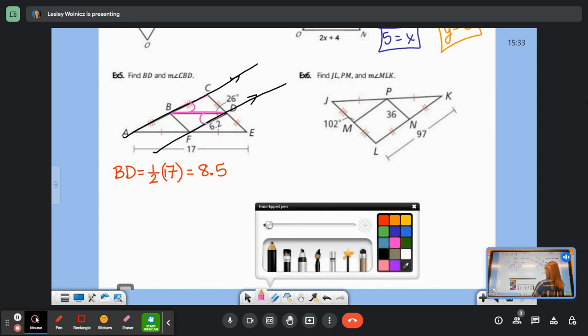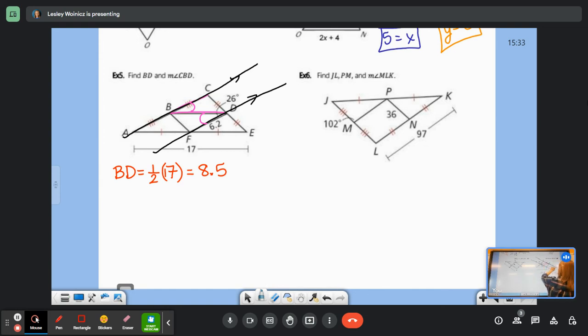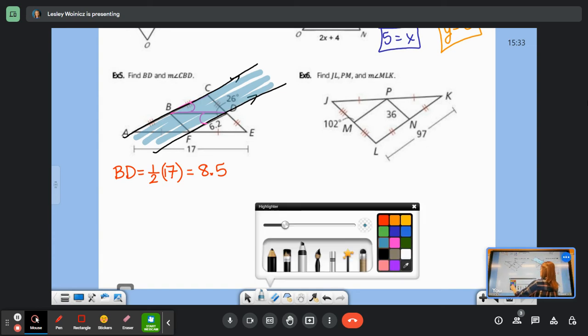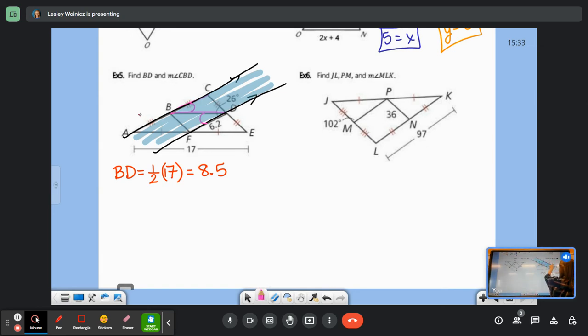Notice that they are on the interior. They are also on alternate sides of my hot pink transversal. You guys missed the hot pink transversal, I know it. They're on alternate sides of the hot pink transversal. They're on the interior. These are alternate interior angles and they are congruent.